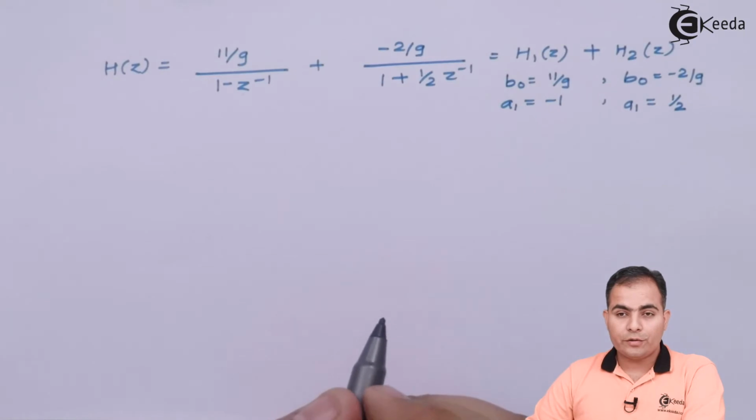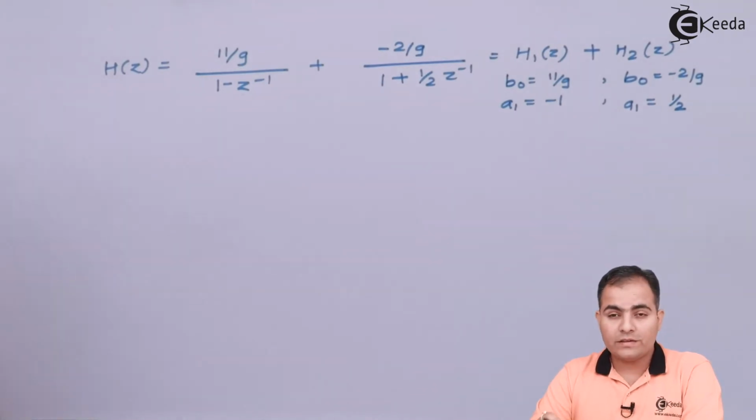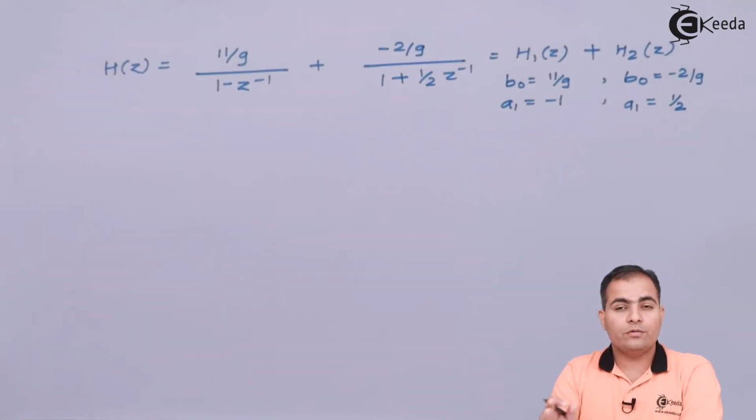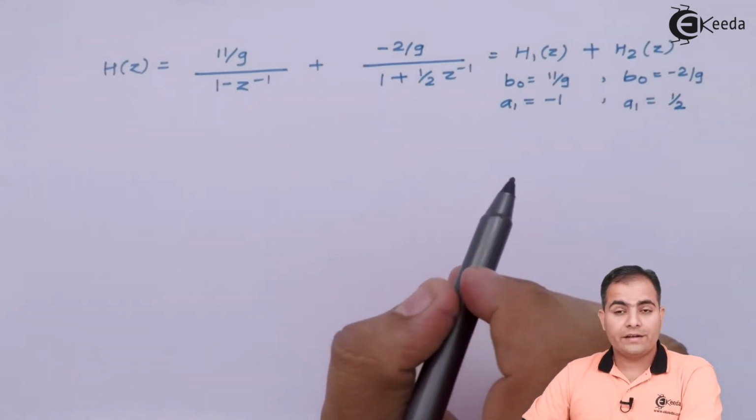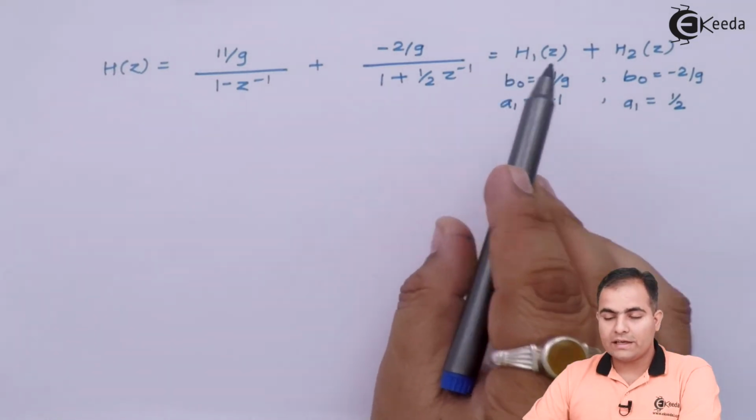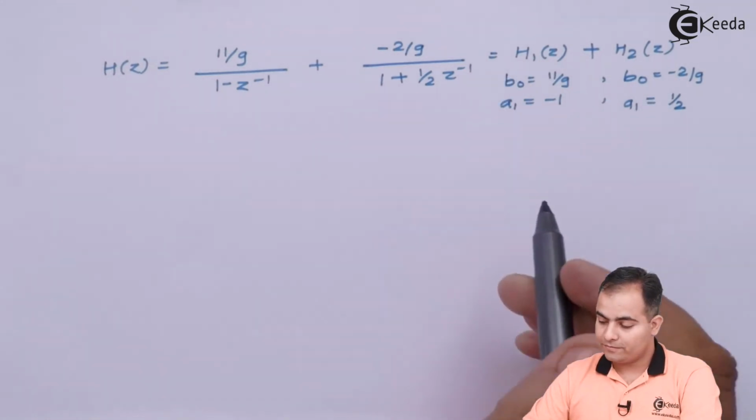Now what I'm going to do? As I told you, we will always prefer direct form 2 while designing cascade form and parallel form. So I will use direct form 2 for H1(z) and for H2(z).